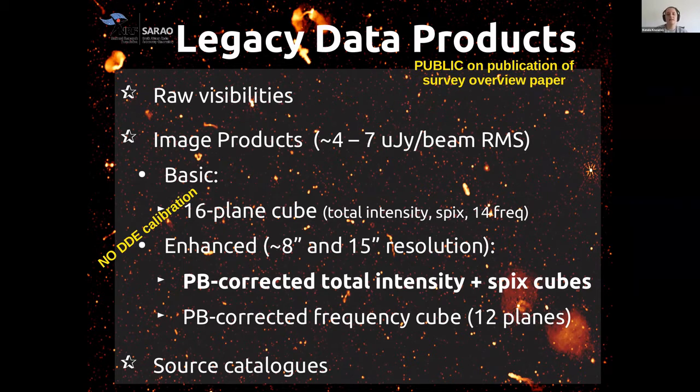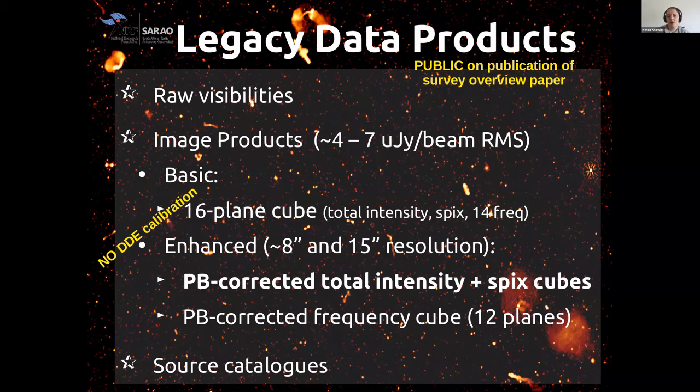And the goal is to make MeerKAT data accessible to as many people as possible. So there has been a survey overview paper that has been prepared. And when that is published, all of the legacy data products will become public with that paper.